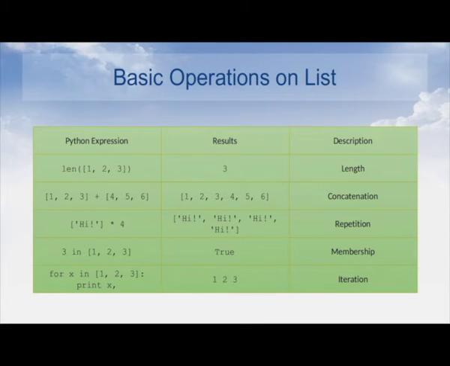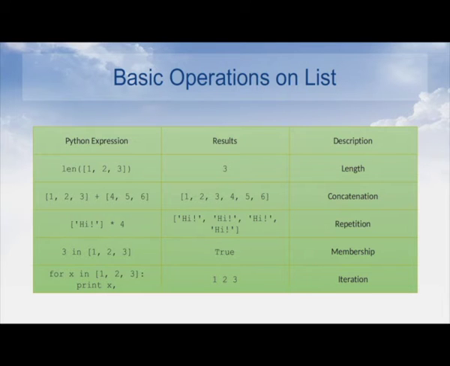Then I use two lists. One list is [1, 2, 3]. The other list is [4, 5, 6]. I use the plus operator that puts both the lists together and I get a single list with elements 1, 2, 3, 4, 5, 6. So this refers to concatenation. The plus operator here acts as concatenating the lists together.